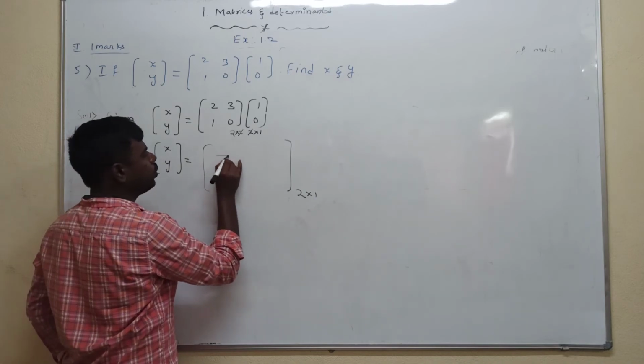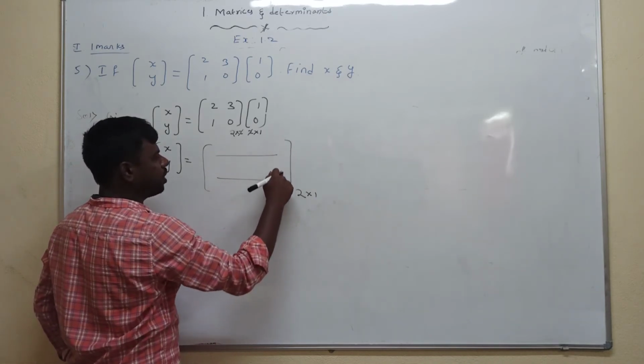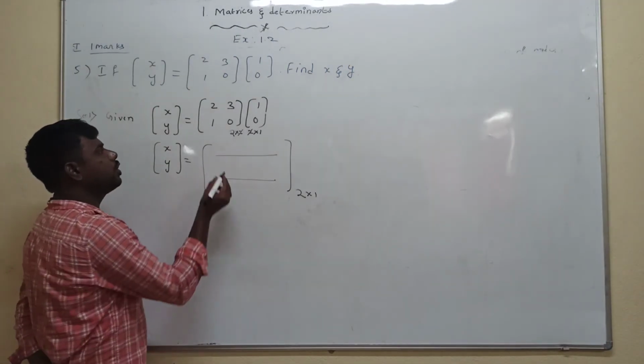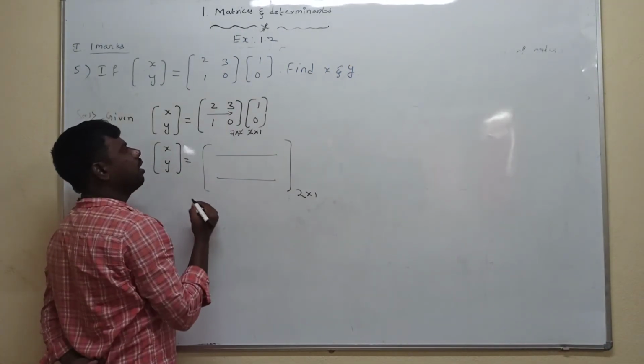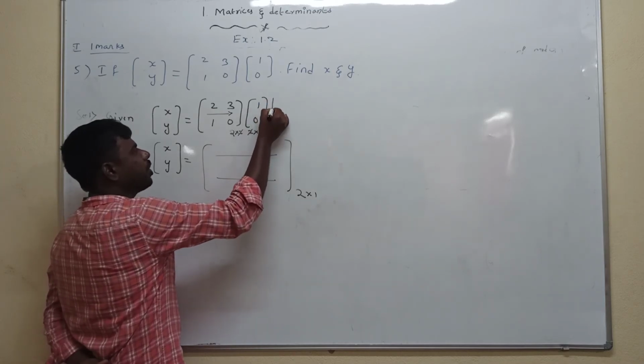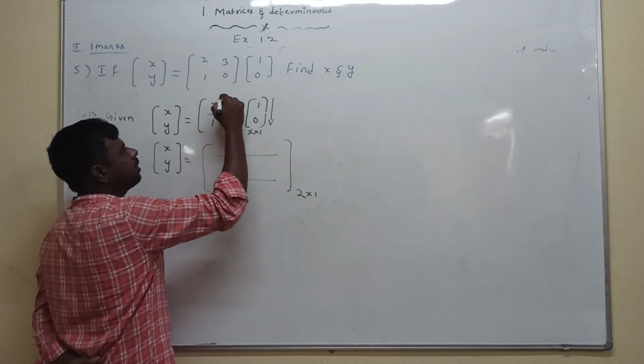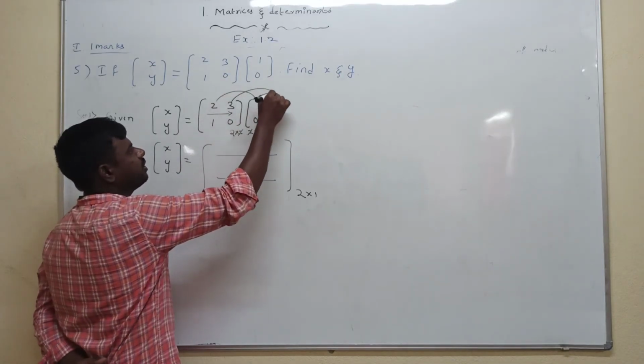The resulting matrix means 2 rows, just only 1 column. So the product of those two matrices means first row of the first matrix with the first column of the second matrix: 2 into 1, after that 3 into 0.